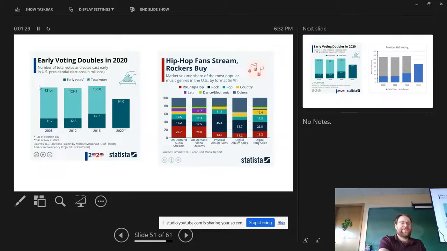That means about 100 of them were not early votes, right? So it would involve taking the total minus the section in order to get that missing piece there. But that's what you would want to do for the stacked bar charts.